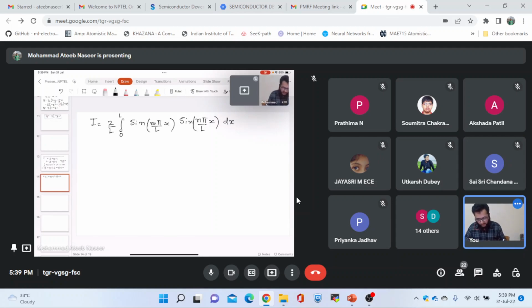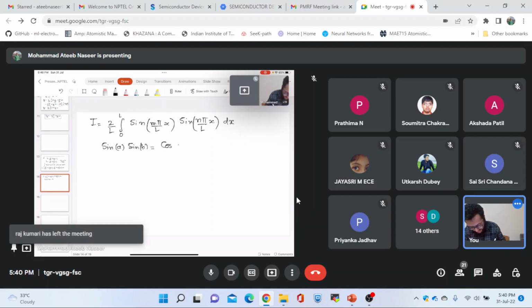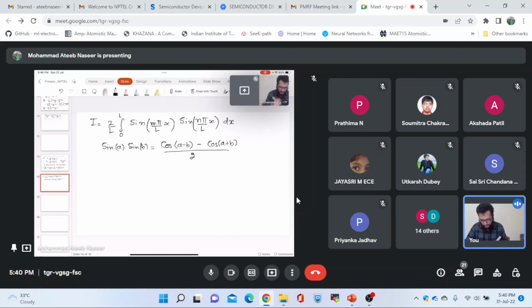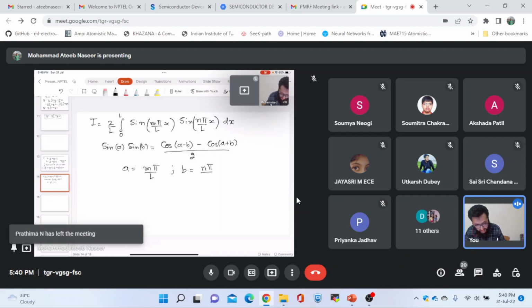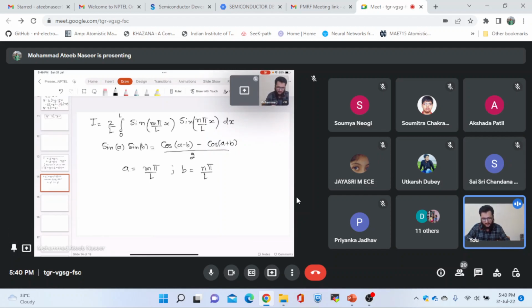So simply we will use a trigonometric identity, and you all must be aware that sine A sine B can be written as cos of A minus B minus cos of A plus B, divided by 2. This is the simple relation between the two. We will use this identity, and in our case A will be m pi by L and B will be n pi by L. So we simply use this relation to evaluate the integral.